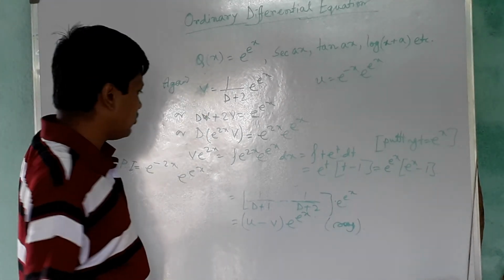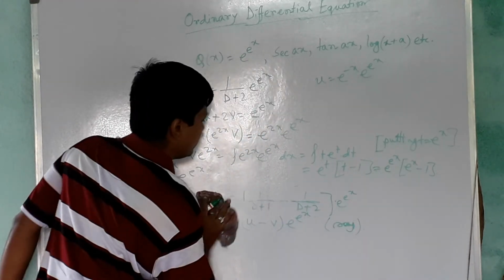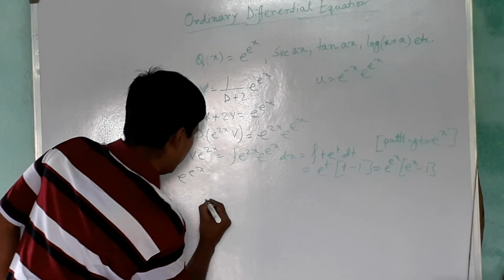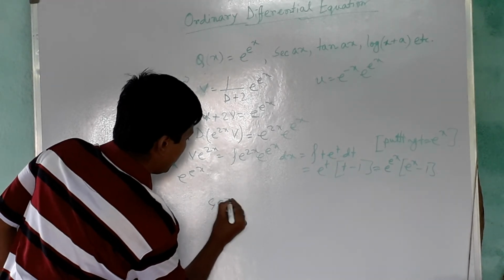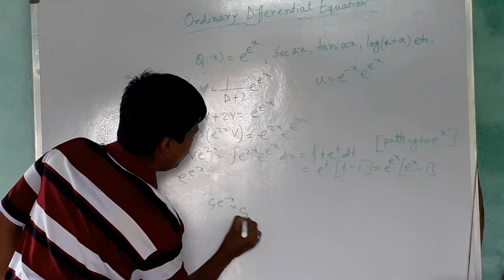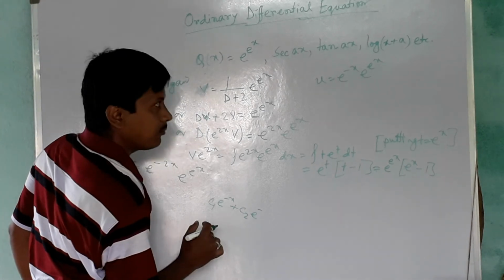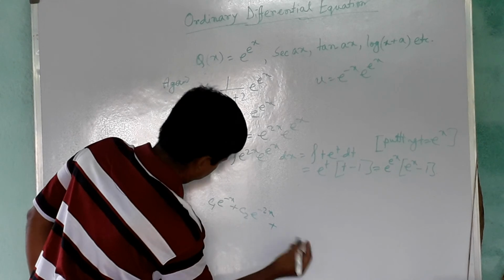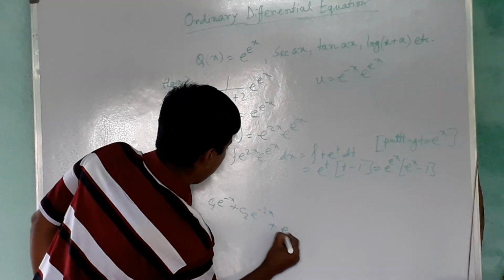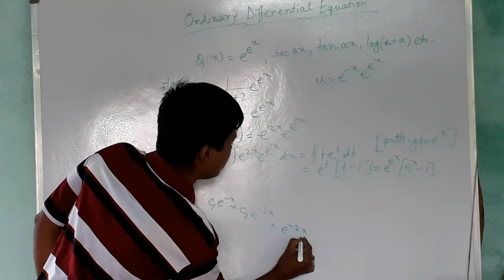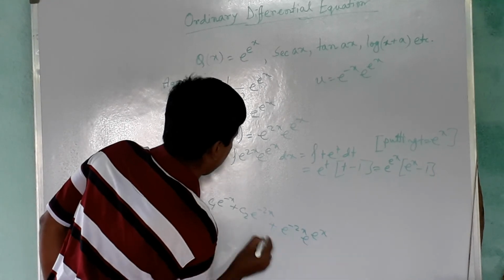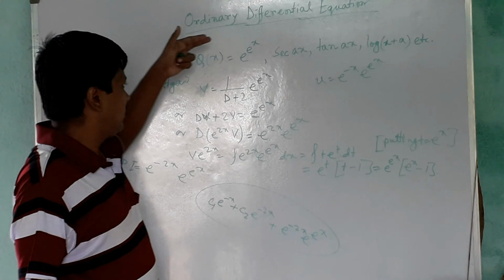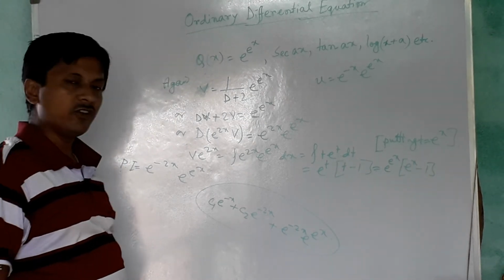So the general solution is c1 e to the power minus x plus c2 e to the power minus 2x plus e to the power minus 2x times e to the power (e to the power x). This is the general solution of the given differential equation.